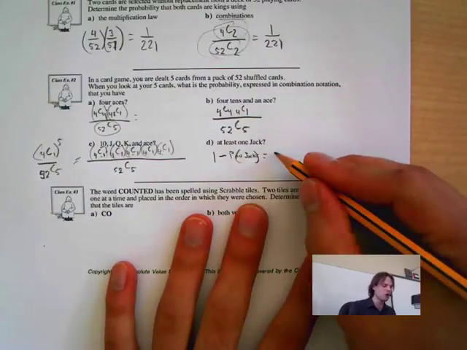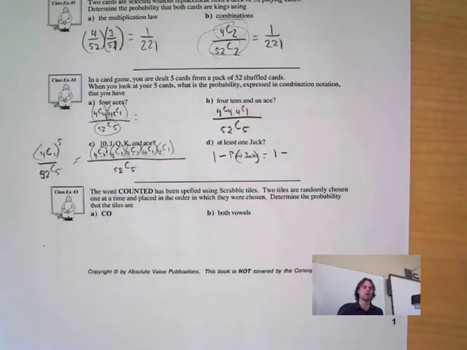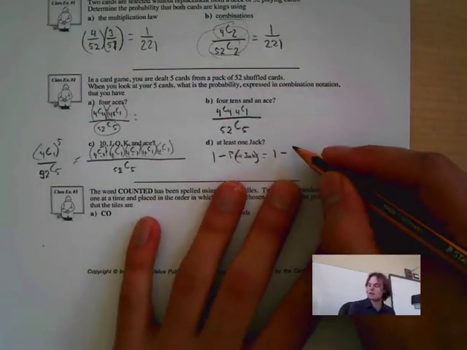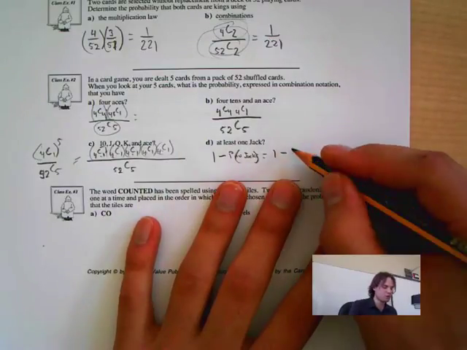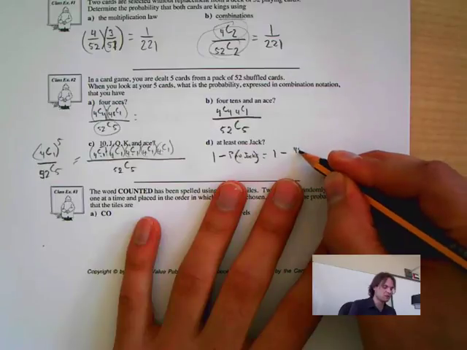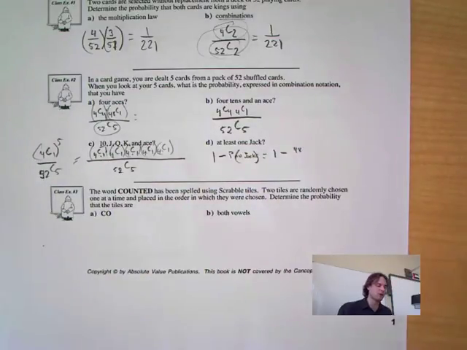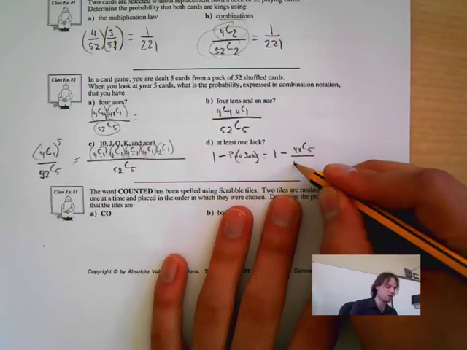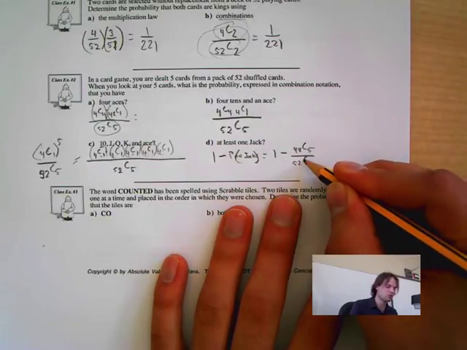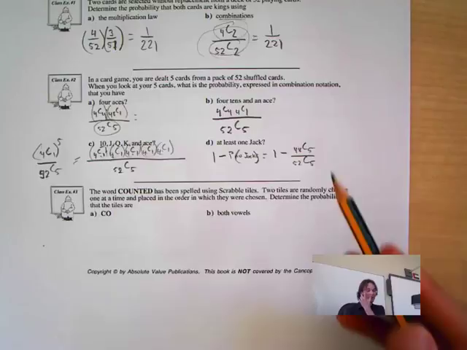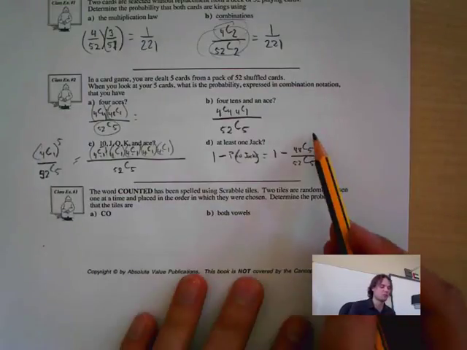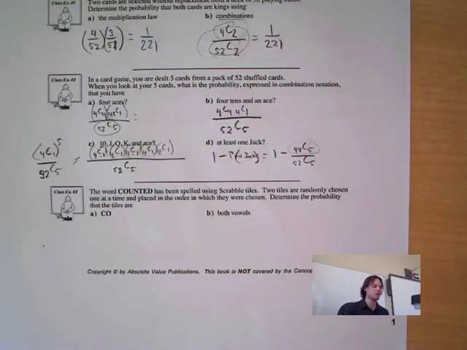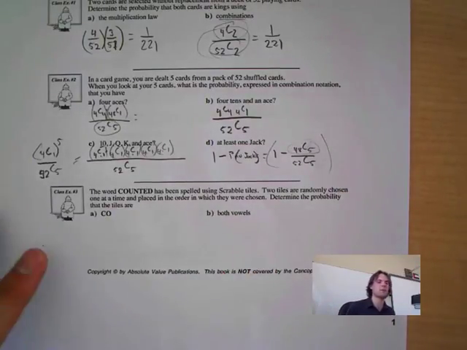What is that equal to? 1 minus, well, probability of no jacks is, out of 48 cards, because we're not including jacks, there's 48 other cards besides jacks, we are choosing 5, divided by, out of 52, choose 5. So that's the probability of getting no jacks, because we're only looking at 48 cards that we want. And we calculate that, and that will give us our answer. That's kind of a shortcut for it.